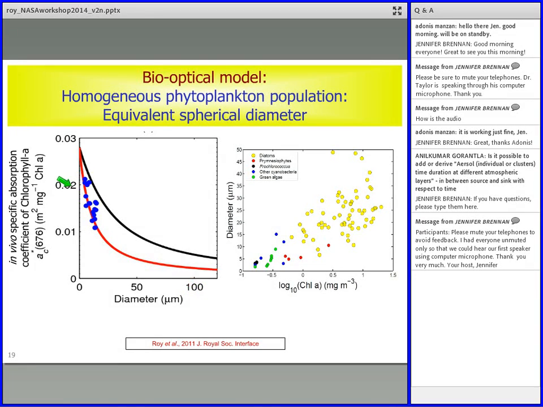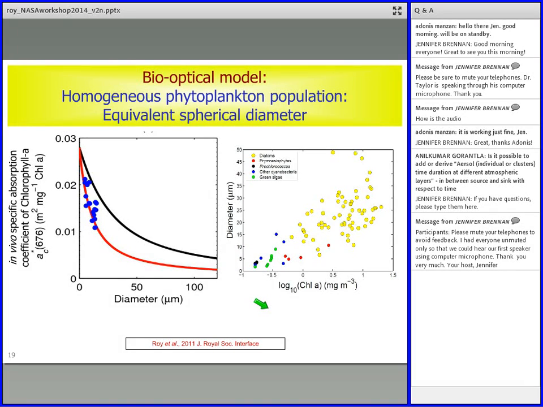And we see that this decreases with cell size according to this curve. But now, if we use this model to compute the cell size for different taxonomic groups, we see that there's a large variation, for example, for diatoms. Diatom cell size varies a lot, and other groups also vary.